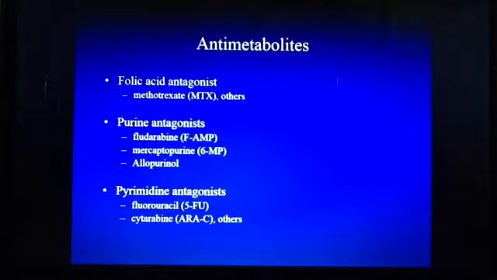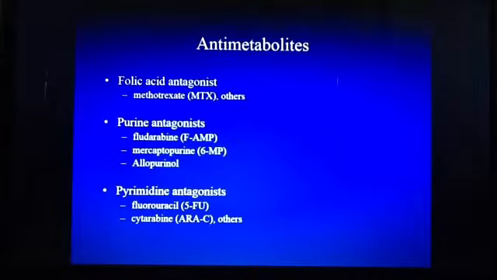First, the antimetabolites, folic acid antagonists. Methotrexate, very important, commonly used. Remember that methotrexate is an antimetabolite. So then we have the purine antagonists, such as fludarabine, FAMP, mercaptopurine, which is most often seen as 6-MP, and then allopurinol, often seen.